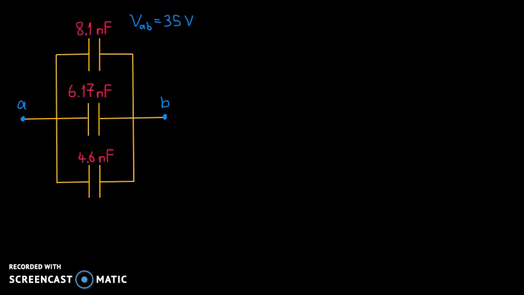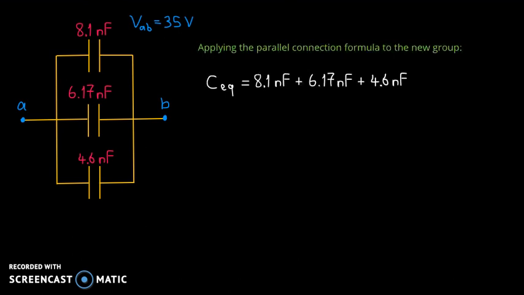Now when we look at this group, we see that all 3 capacitors are connected in parallel. So let's go ahead and apply the parallel connection formula to this group of capacitors. To find the equivalent capacitance in a parallel connection, we simply add all the capacitance values.